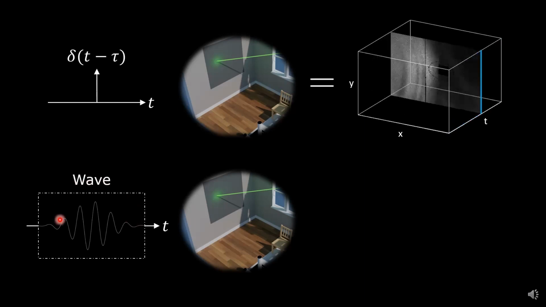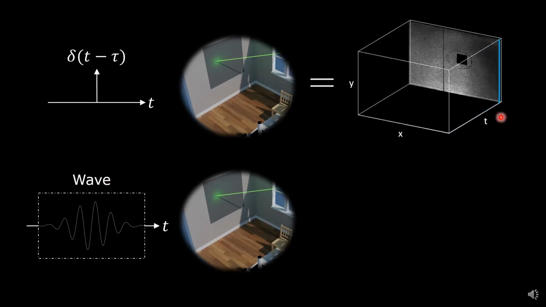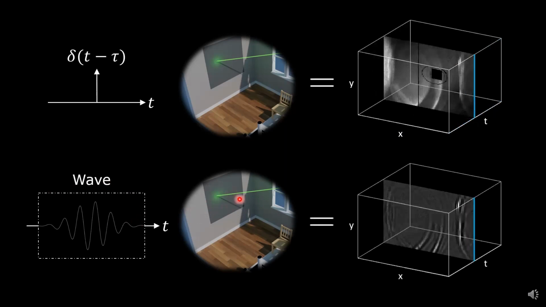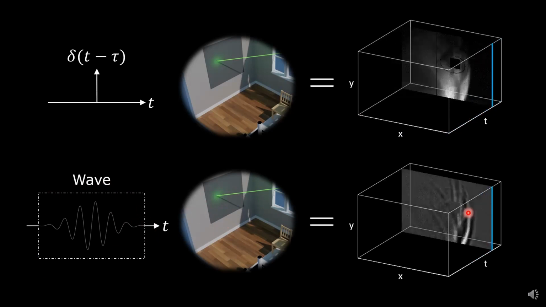So if you basically say, okay, I want to use this captured impulse response to compute what would come out of the scene if I send a wave in there, like a camera flash or something, you just have to convolve it with this excitation function and get this waveform out.